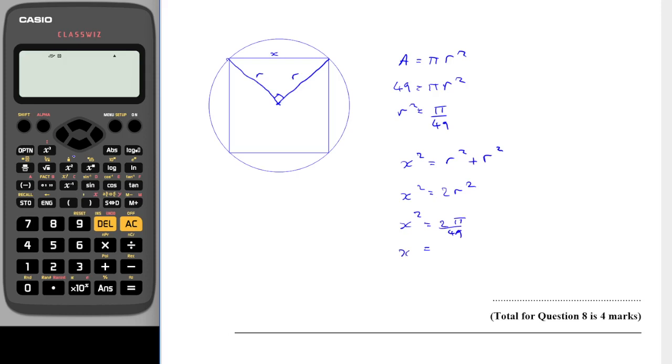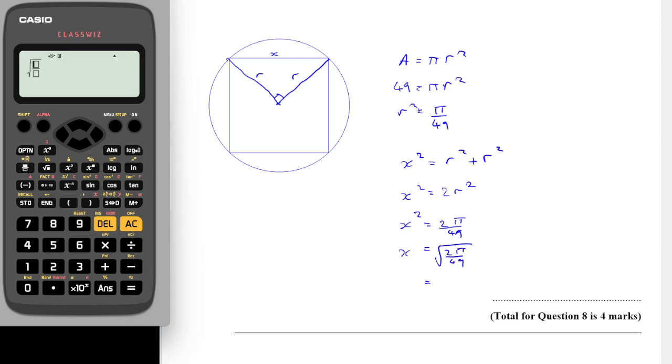So x is going to be equal to the square root of 2 pi over 49. That just tidies it up a little bit better. So the square root of a fraction, my numerator 2 times pi, and then my denominator 49.